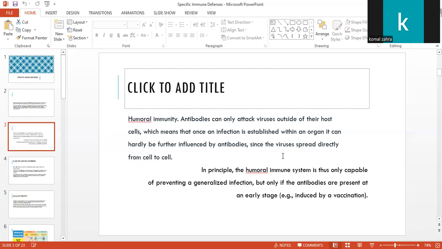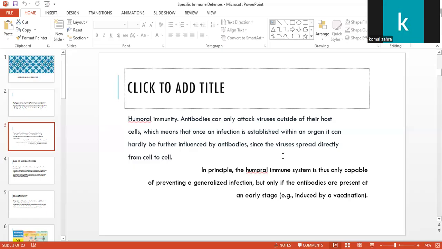To eliminate those viruses, antibodies work there, which means that once an infection is established within an organ, it can hardly be further influenced by antibodies. So humoral immunity is specific to the outside of the host cell, because once the infection has been established, it will be difficult for antibodies to work on it.